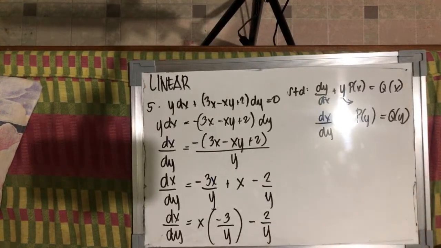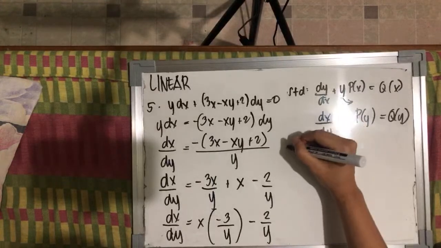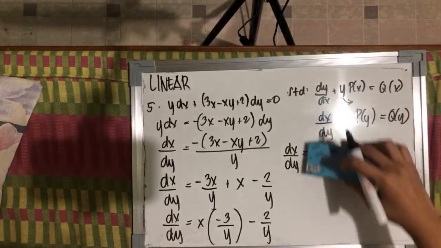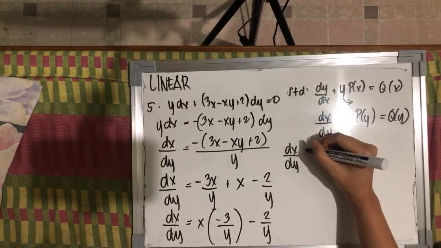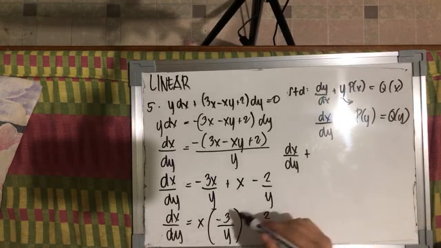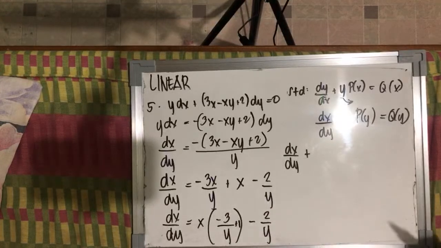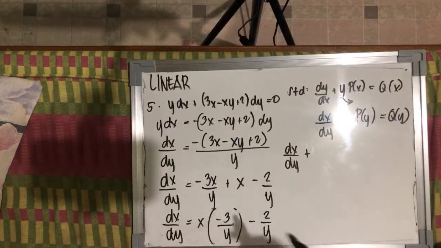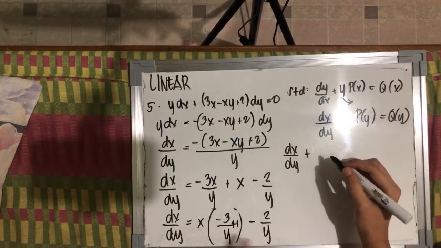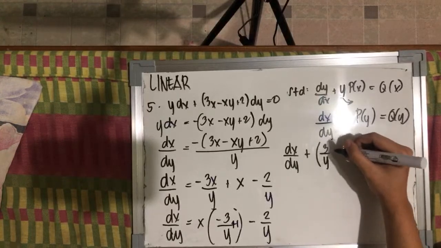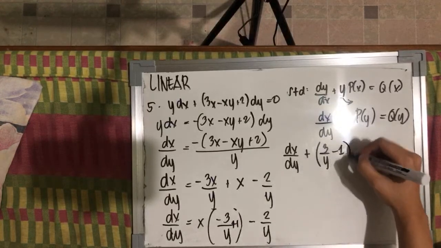So, para maging standard form ulit siya, magiging dx over dy. May 1 pa pala to, guys. Sorry. So, di maingay yung aso ko. So, dx over dy plus 3 over y minus 1 times x.